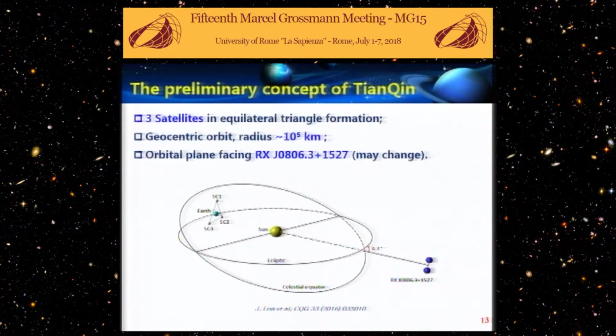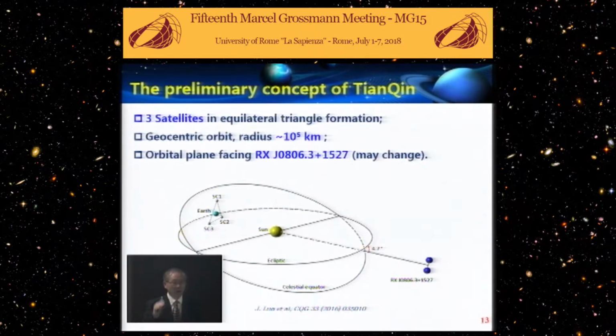So the preliminary conception of TianQin is like that. We also have three satellites in an equilateral triangle formation. This is what we usually mention, the advantage of this triangle formation. This is very important. And the second one is a geocentric orbit. The radius, or the distance from the Earth, is about 10 to the power 5 kilometers.